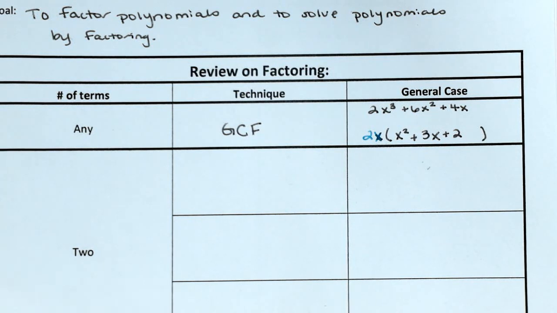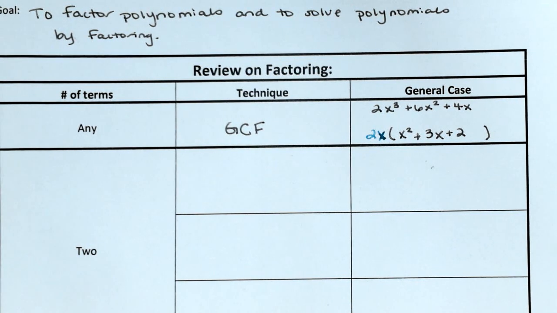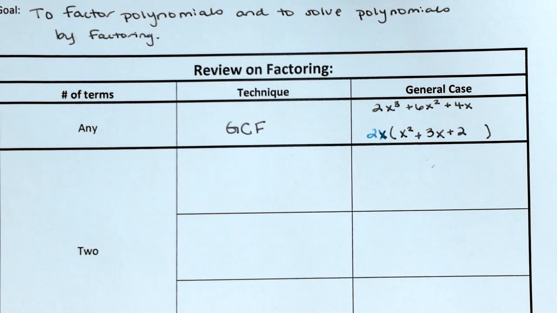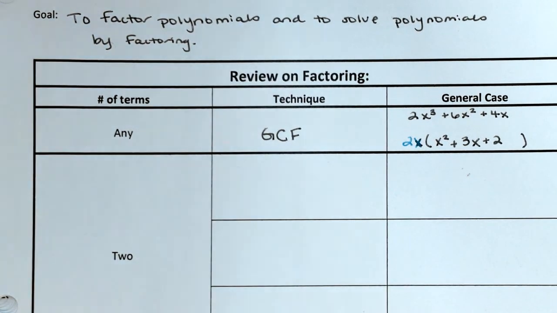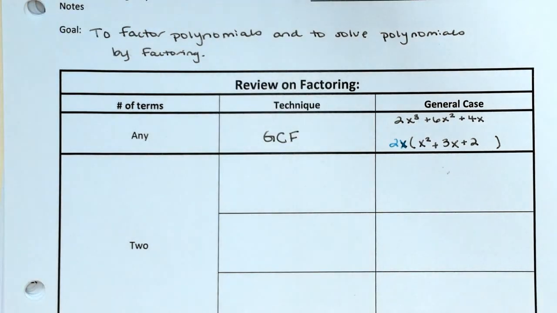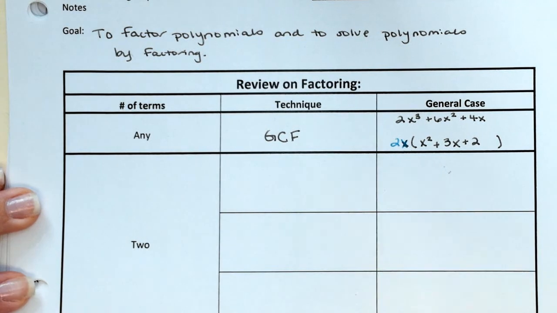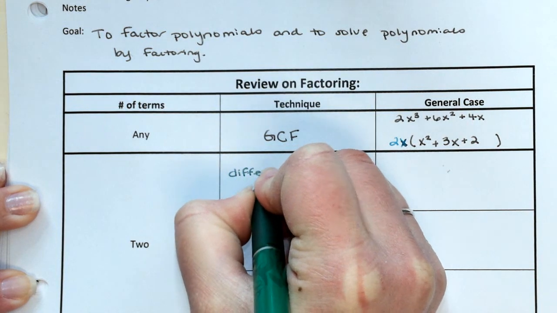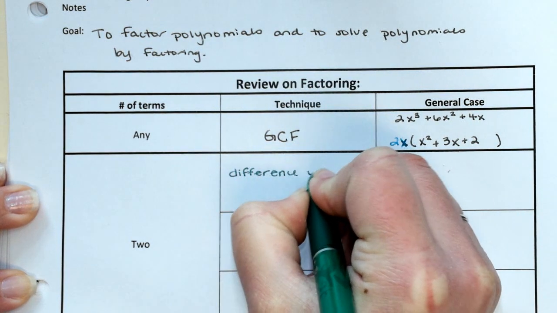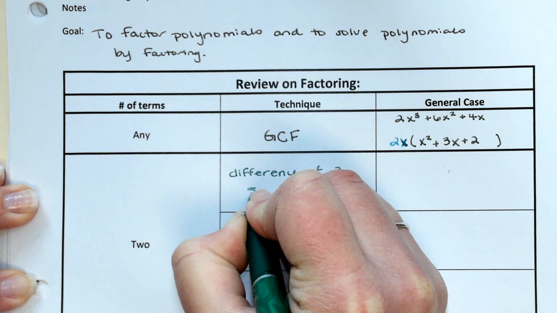If we have 2 terms, there are a couple different cases here. 2 of them are going to be new. One of them is going to be old, something that we've done in the past. So this would be the difference of 2 squares.